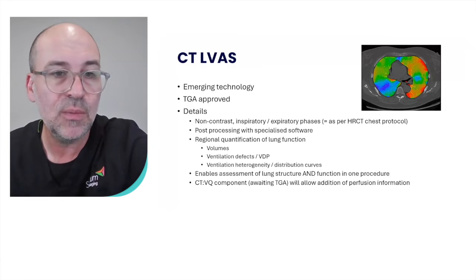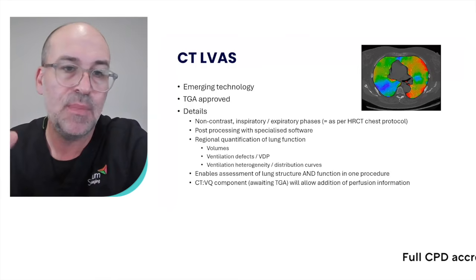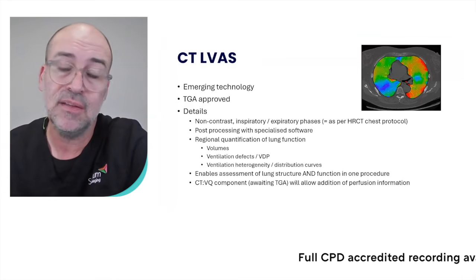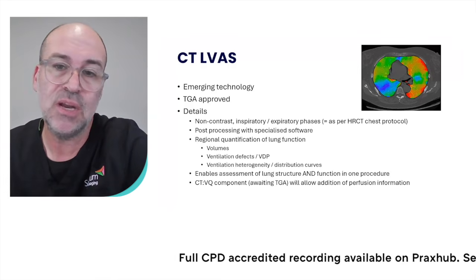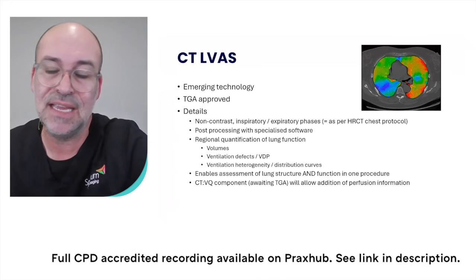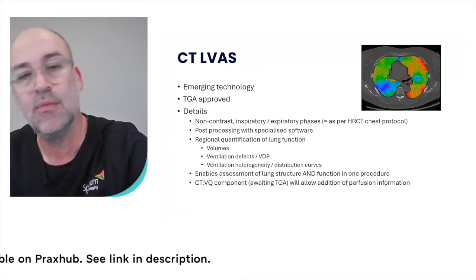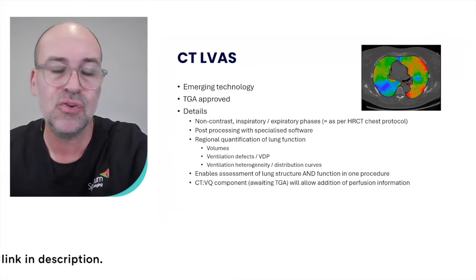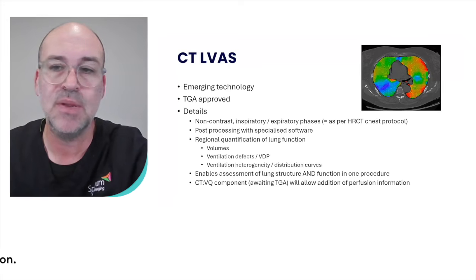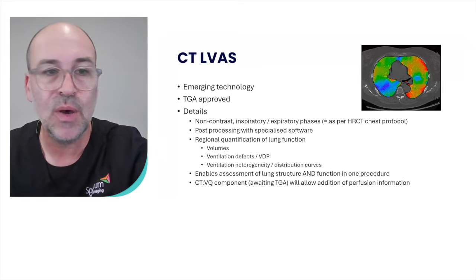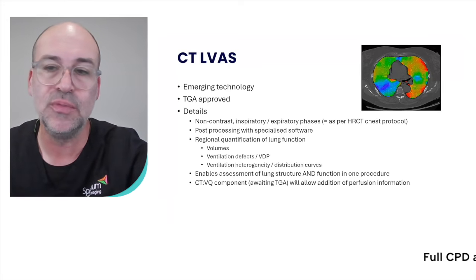So not only are we getting visual data about what the structure of the lung is, we're getting functional information about how much air is ventilating in different regions of the lung. And that's really important if we're trying to identify if there is a large or a small scale abnormality in what would otherwise be interpreted as a normal CT chest.